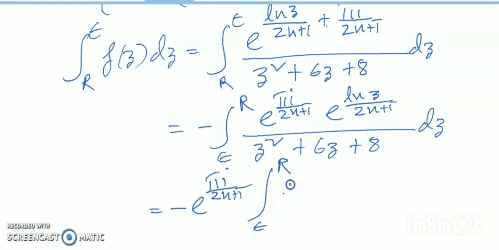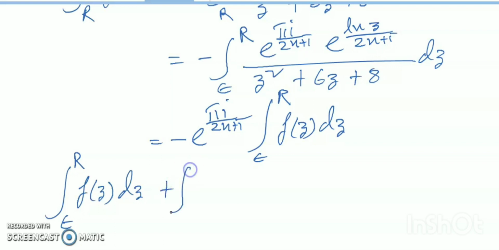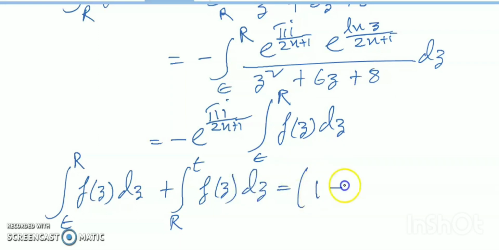So whatever we get, epsilon to capital R f(z) dz plus R to epsilon f(z) dz equals, very simple, 1 minus e to the power pi I divided by 2n plus 1 into the integral from epsilon to R of f(z) dz.